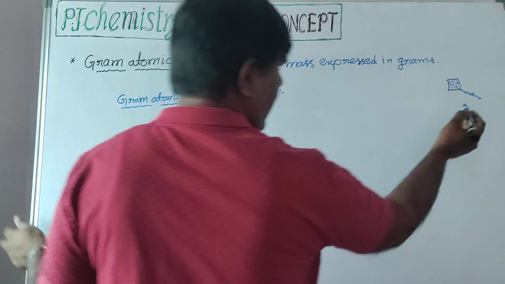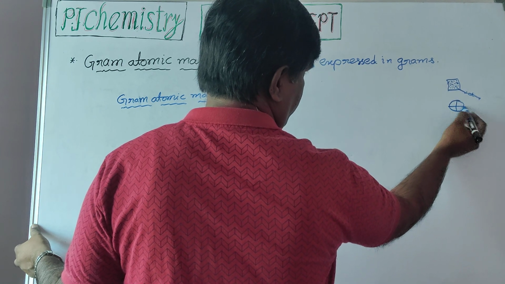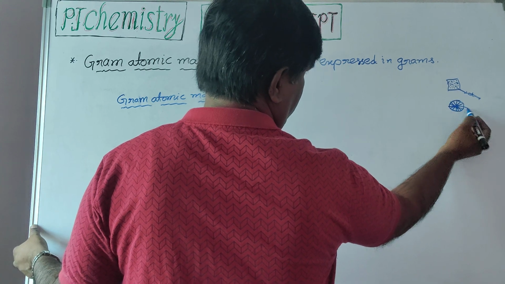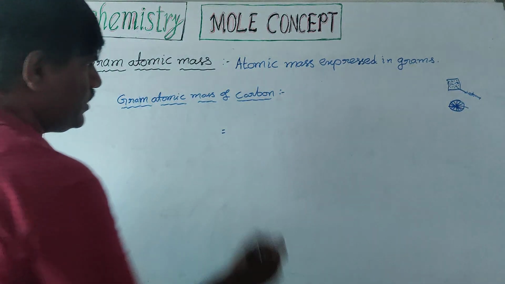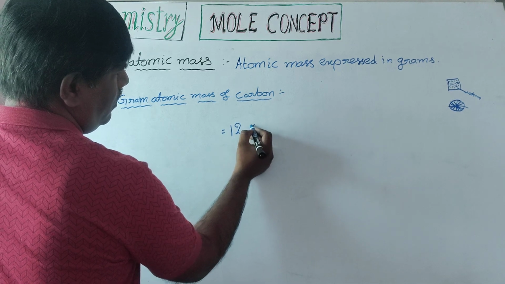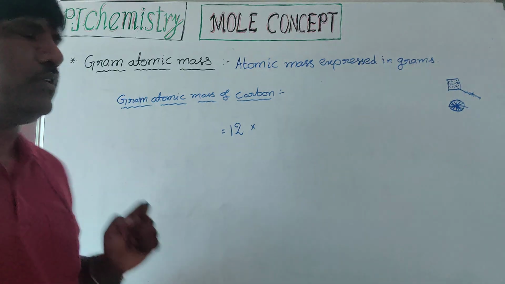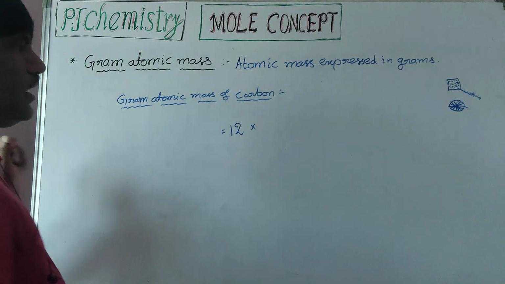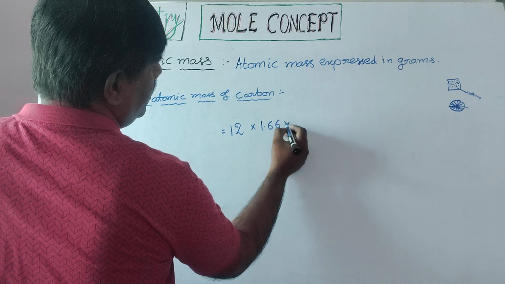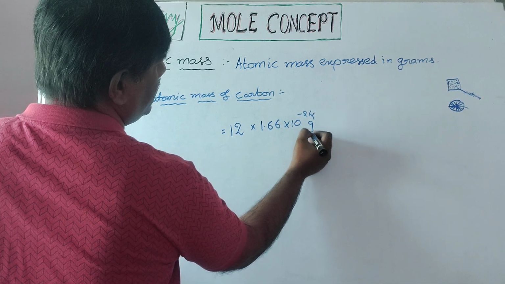so after taking the atom, that carbon atom, we divided it into 12 parts. Yes or no? We divided into 12 parts. One part, 1 by 12th part, value how much? 1.66 into 10 to the power of minus 24 grams.